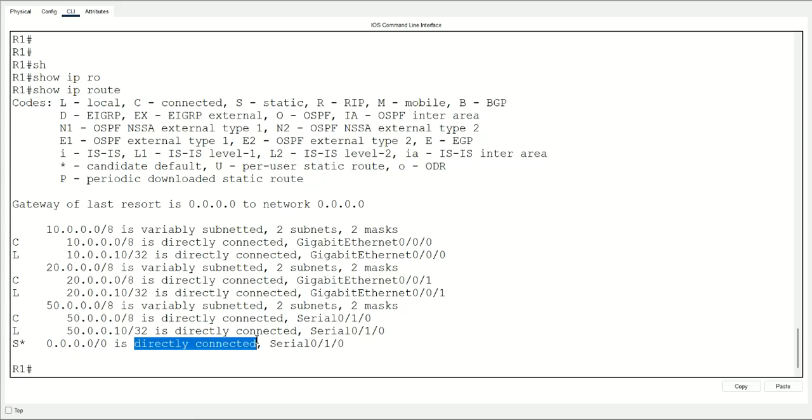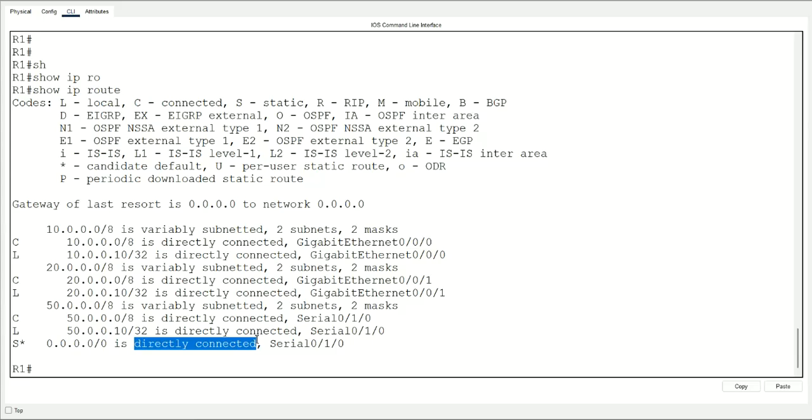So for most trusted it is 0. So when you give the interface as the exit instead of giving the gateway, you will get 0. It won't show here, but that is what it means, directly connected.